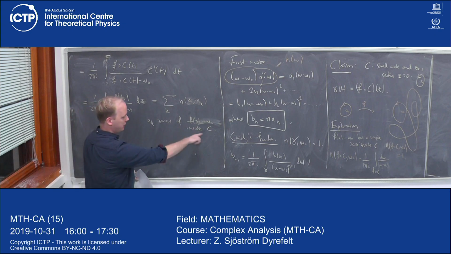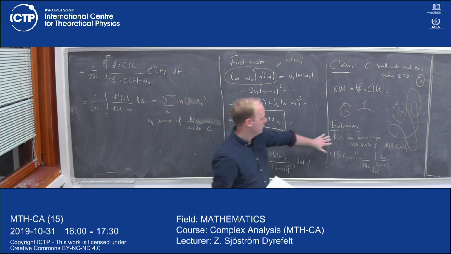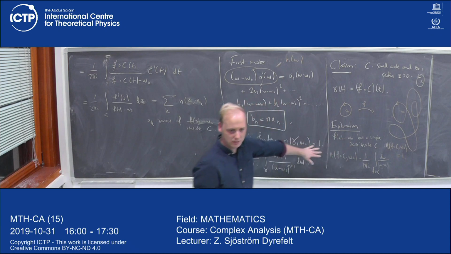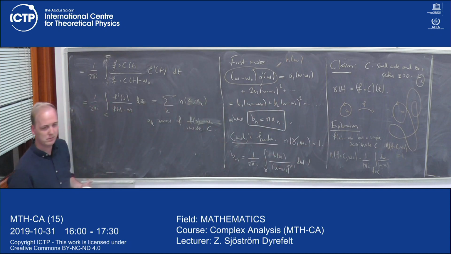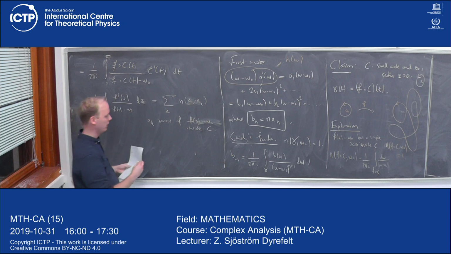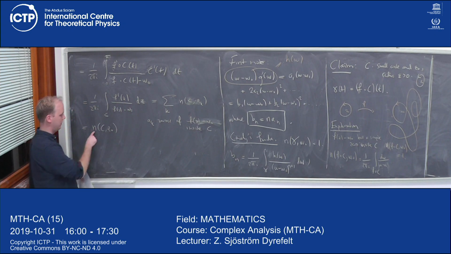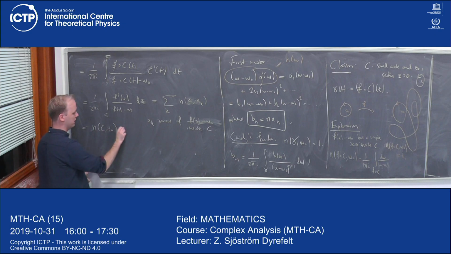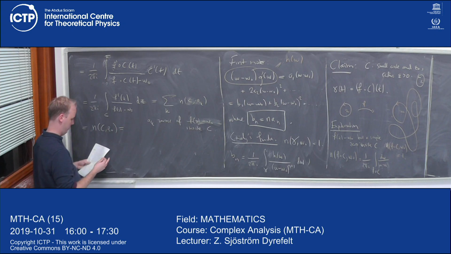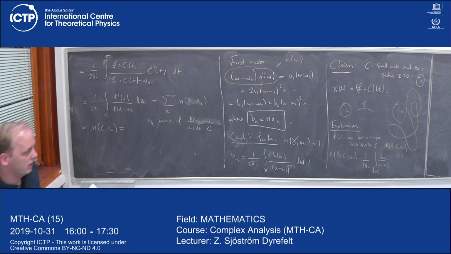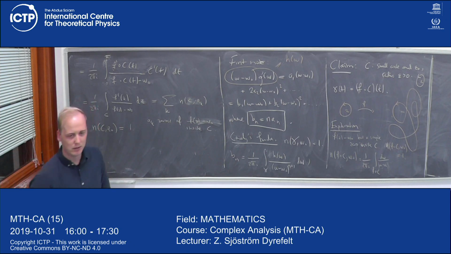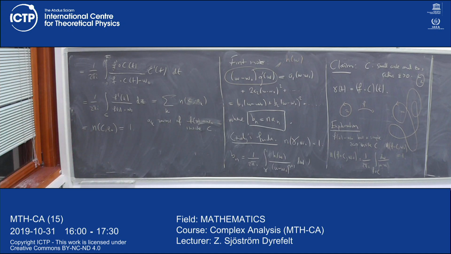Okay, so these are zeros, but I assume I wrote it here. This has a simple 0 inside C, and this is the only 0. Zeros are isolated, so I can say that. So this is equal to simply this winding number, which is equal to 1.